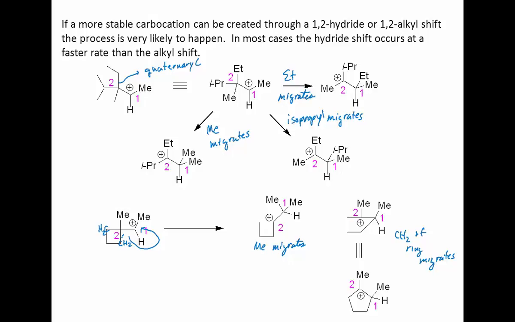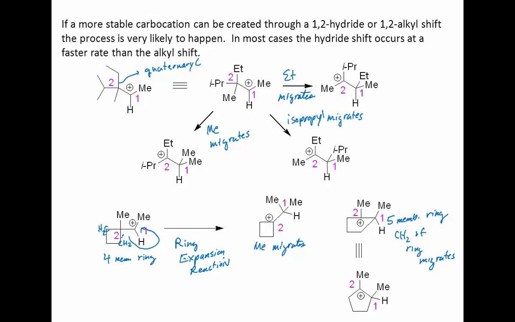So either of these 2 are possible, but you might think, shouldn't the second possibility be the favored one because of angle strain, and that's in fact quite true. Here we have a four-membered ring. And over here, of course, it's ring expanded to give us a five-membered ring. So in this case, this is what we call a ring expansion reaction.